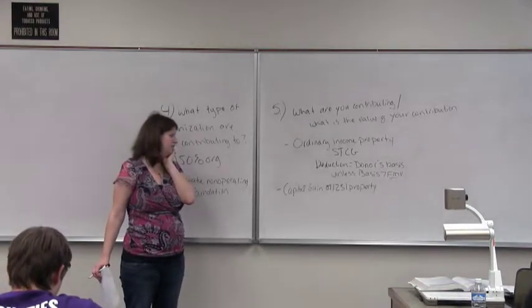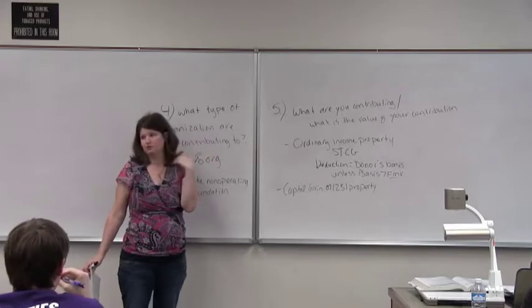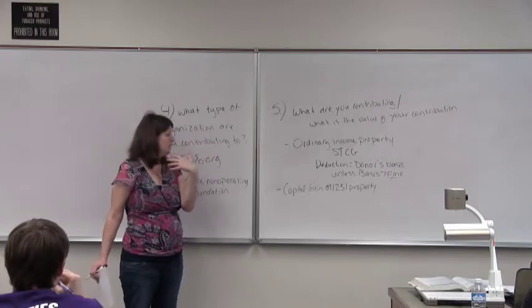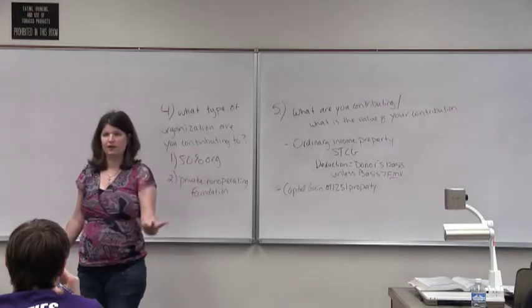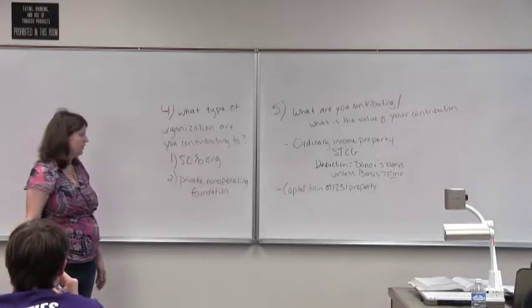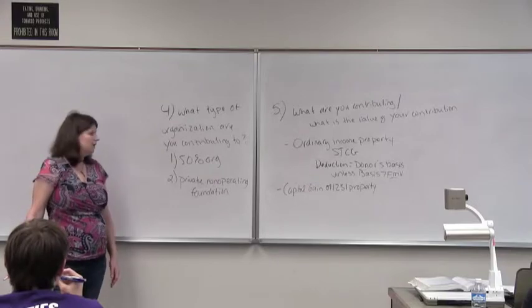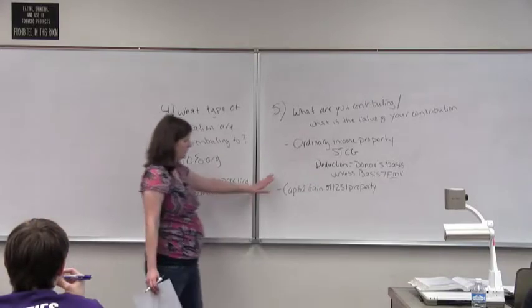So something like equipment, that would be 1231 property. A rental property that you have, you sell it, that would also be 1231 property. So these are the two categories here.